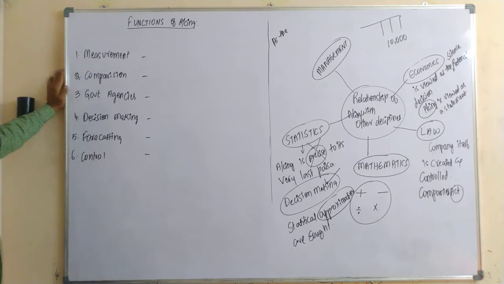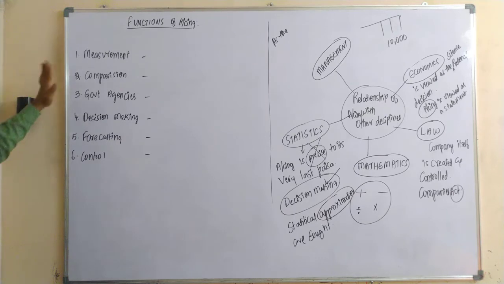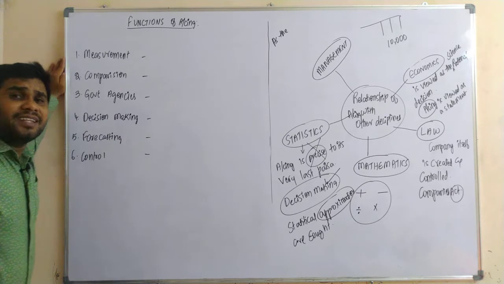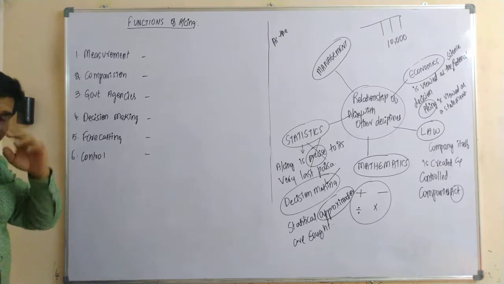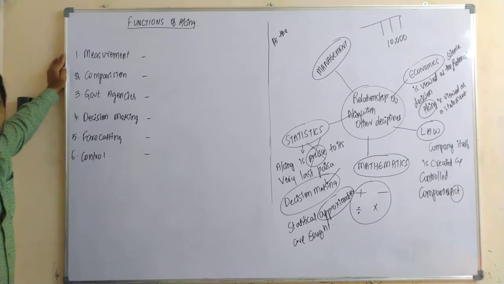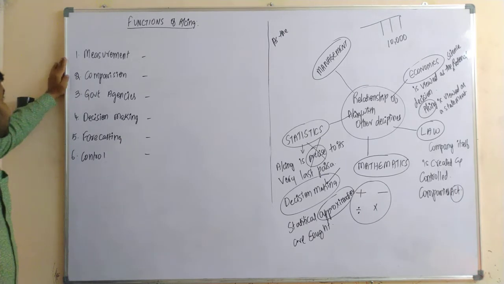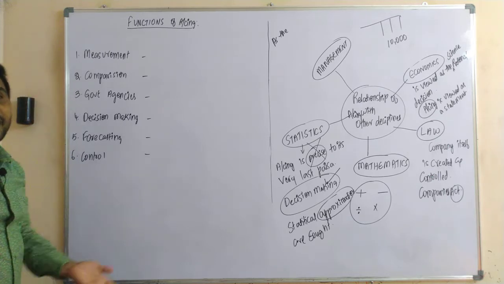Sir, what type of measurement? So you are going to measure the financial statements within the organization. So you are going to measure the statements, yes or no? Measurement. Next one, comparison. So what type of comparison you can make, sir? Internal comparison and external comparison.